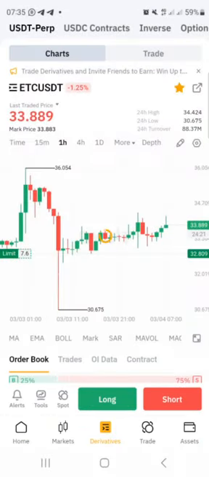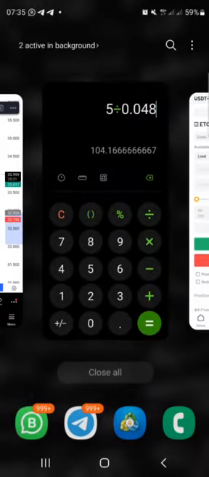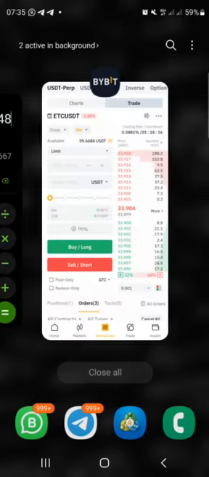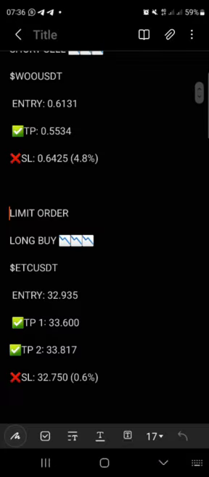So ETC USDC, you go to trade. It's a limit order. You can see the entry price is 32.935. Then to get your order value, I told you you're going to divide your available risk by your stop loss percentage. The stop loss percentage is 0.6%.